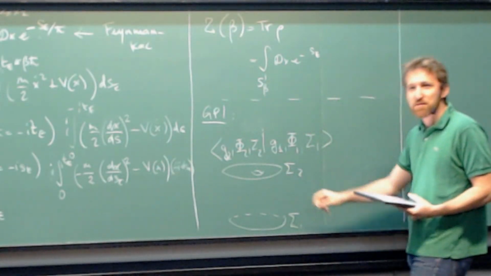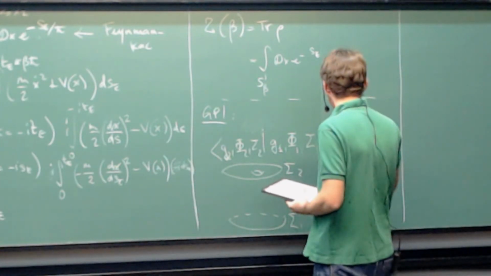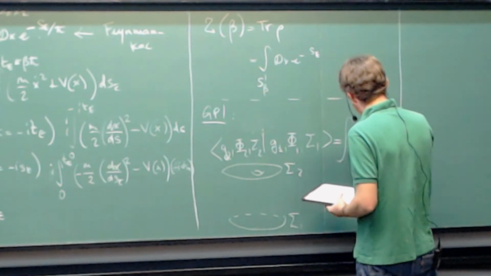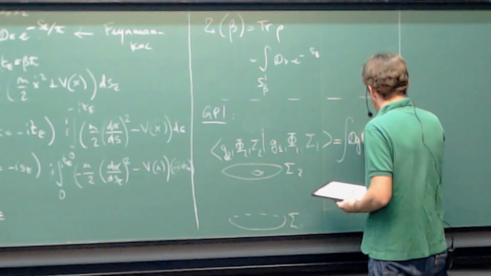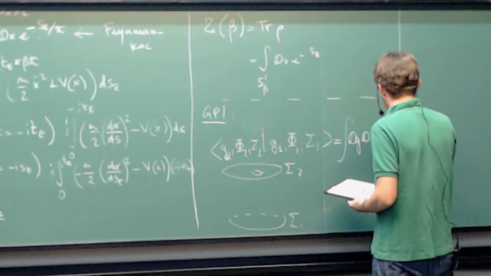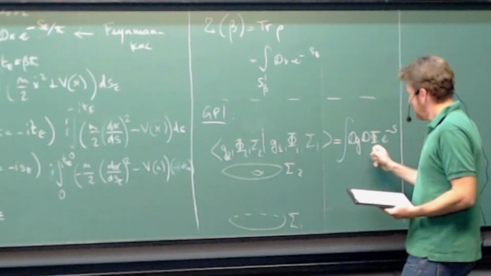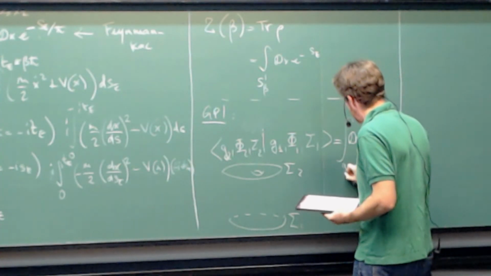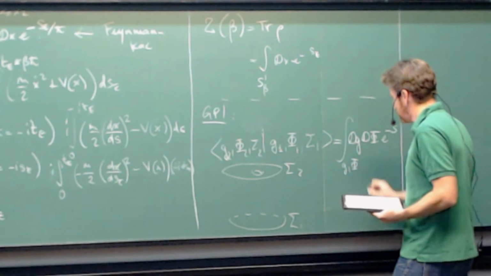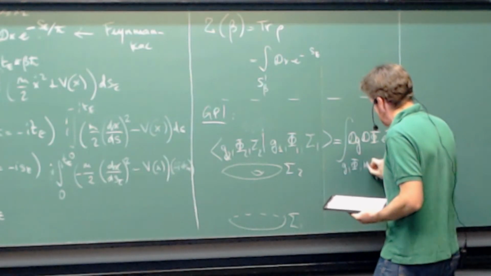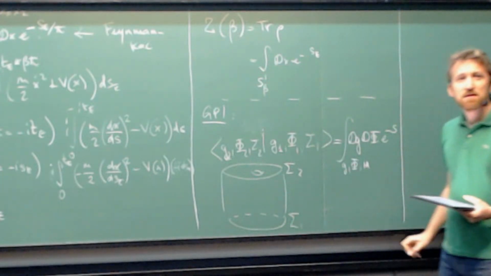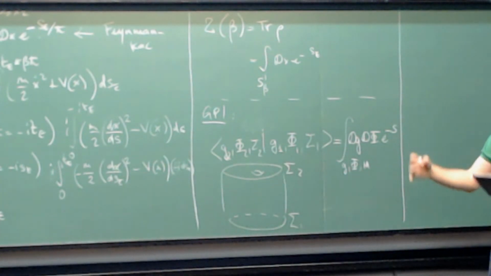But notice that I can have a change in topology from one to the other. Then this object is measured by this, where this is computed over all the metrics g and all the field configurations phi and all the manifolds M that fill this time-like tube between the two.